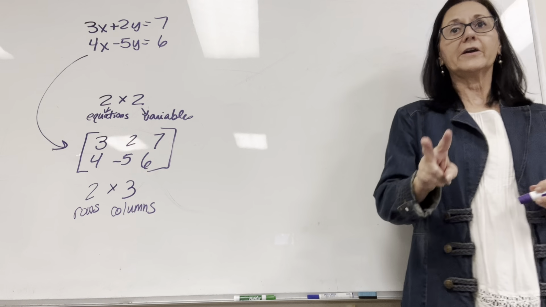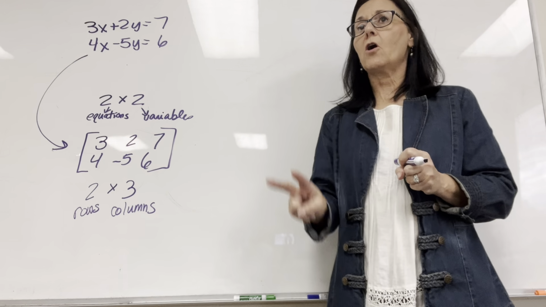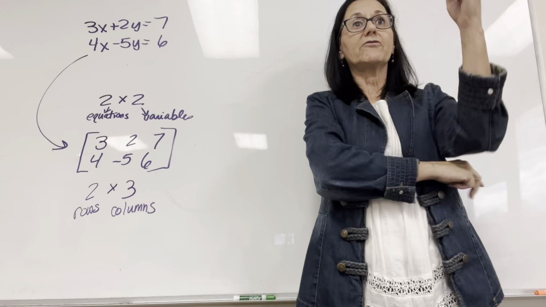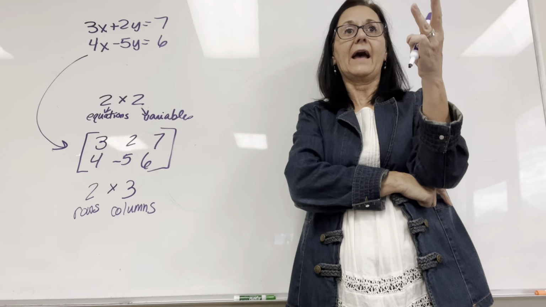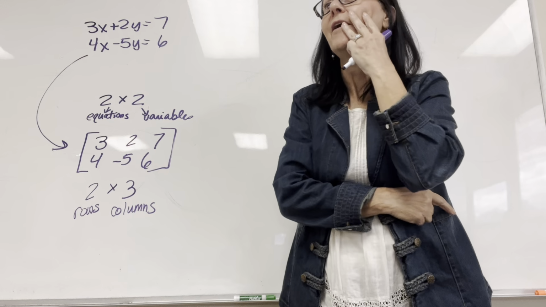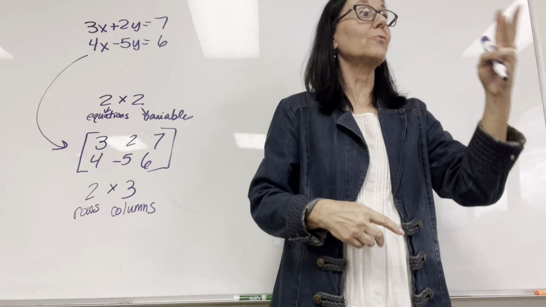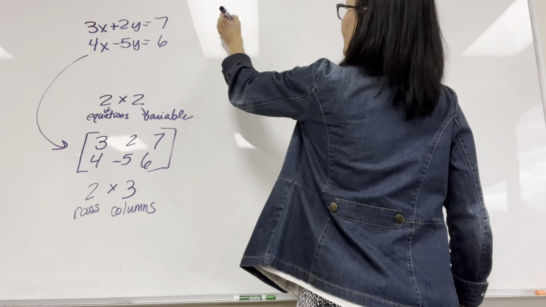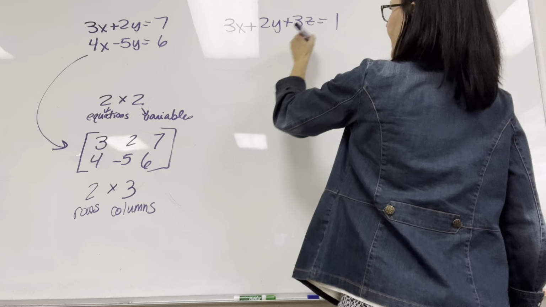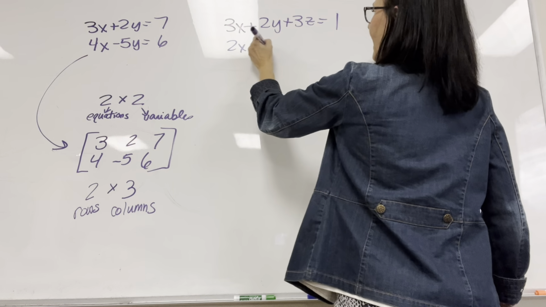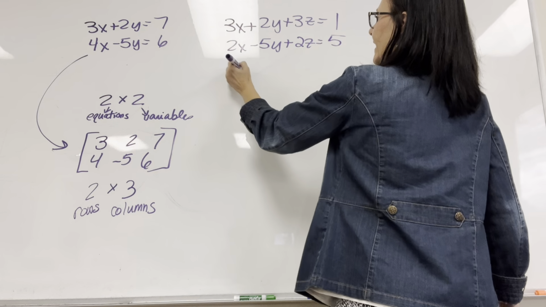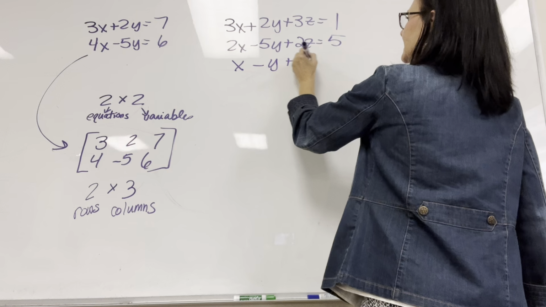So if I have 2 variables, in order to solve a system of equations, I have to have 2 equations. If I have 3 variables, how many equations must I have? 3 variables, 3 equations. So that would be 2x plus 2y plus 3z is 1, and then 2x minus 5y plus 2z equals 5, and then x minus y plus z is 20.